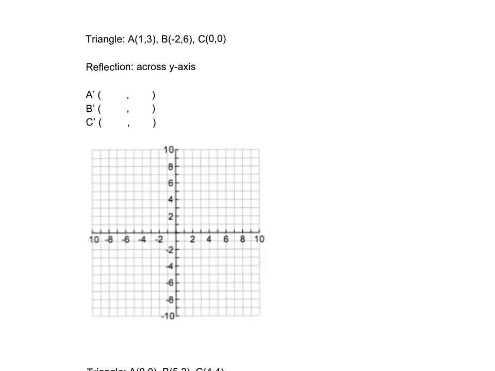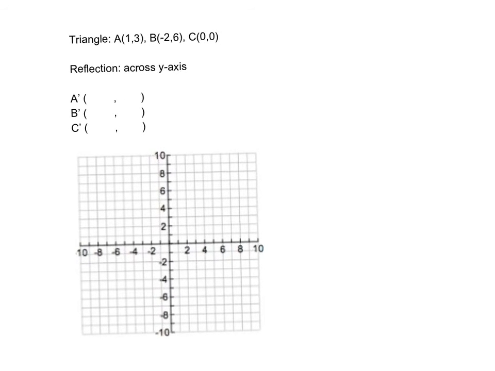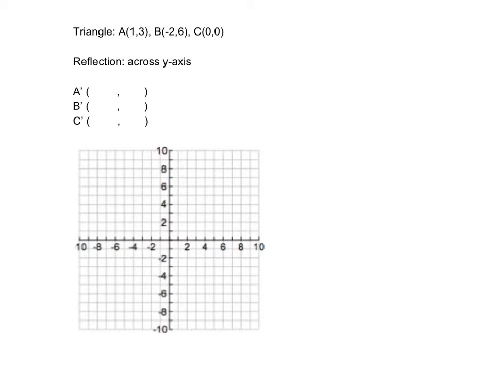Our next example is the triangle ABC with points 1, 3, -2, 6, and 0, 0. And this time we are reflecting across the y-axis. The rule for the y-axis is each point xy, we make the x-coordinate have its opposite sign.